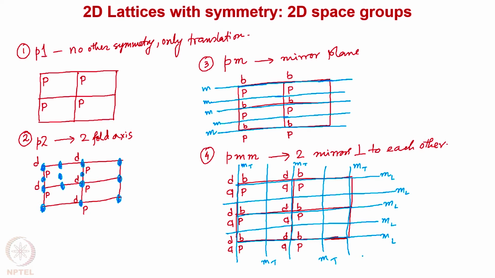Now I would like you to see one more interesting aspect here. Wherever I have a point of intersection of two mirrors, at those points I have a twofold generated. So wherever two mirrors are intersecting, a new twofold has been generated.